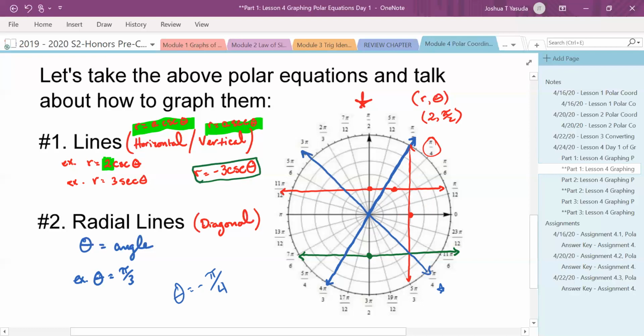And so that should be fine. So we're going to have regular lines, which will be horizontal and vertical, and then you'll have radial lines, where you just locate the angle, and if the angle always has to be that, it's just a diagonal line there. So that is going to be our first part, just on lines. Hopefully that makes sense, and we're feeling good.